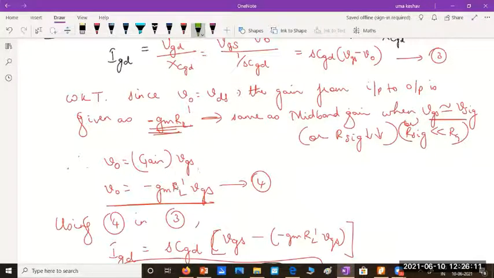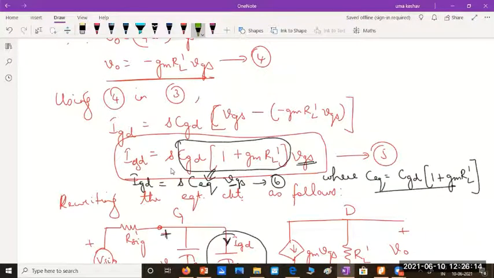When I simplify that, I get the equation for IGD as SCGD into 1 plus GM RL dash into VGS, where 1 plus GM RL dash times CGD can be written as C equivalent. C equivalent is a capacitance of value CGD into 1 plus GM RL dash.